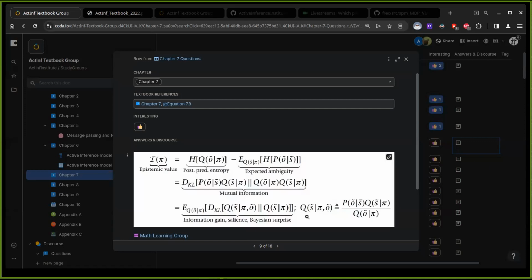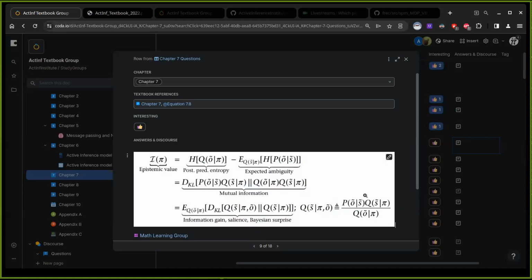It's saying the variational distribution of hidden states through time, conditioned on policy and observations. So kind of like our inference about true temperature, depending on what we do and the observations from the thermometer, is defined as equal sign with a triangle.